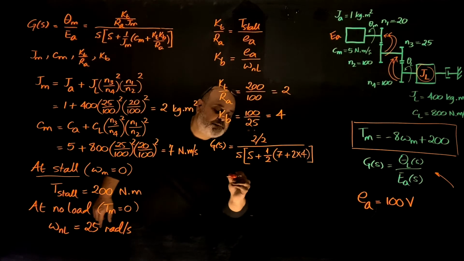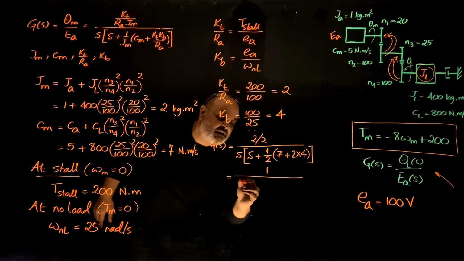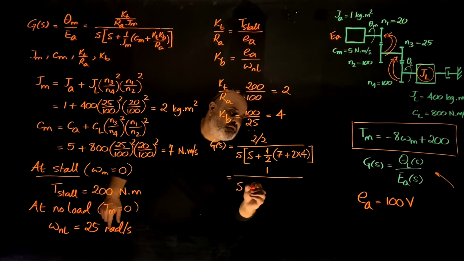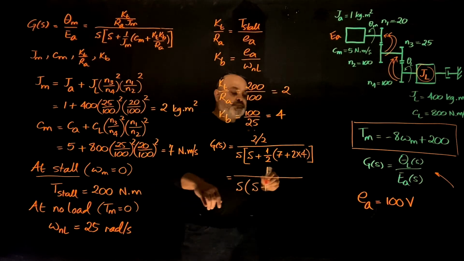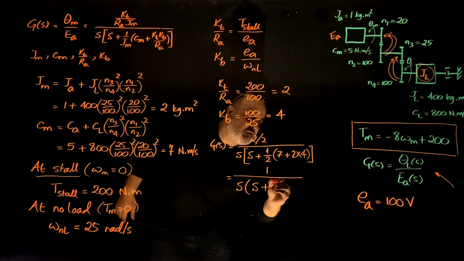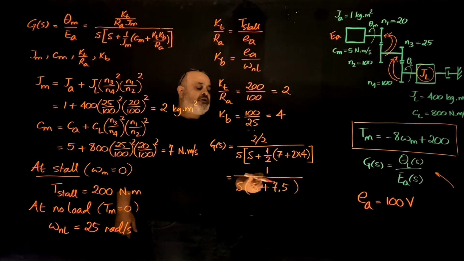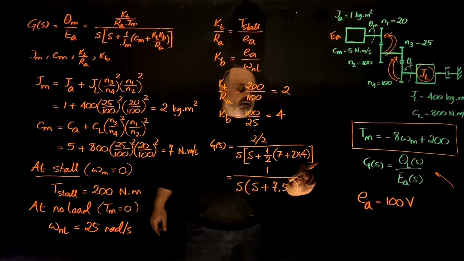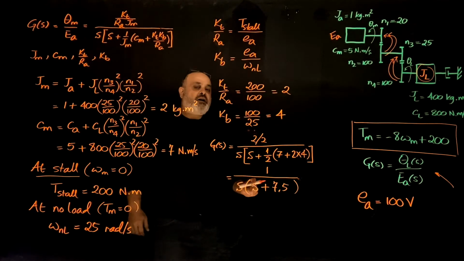So that's 1 divided by s times s plus 7 and 8, 15 and a half, 7.5. This is the transfer function of theta M to E A.